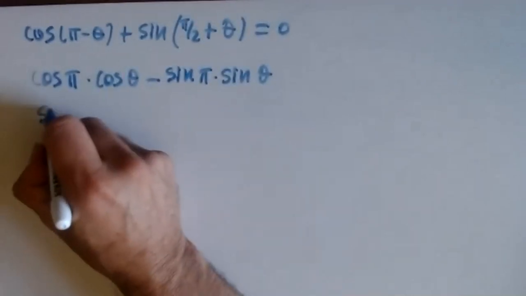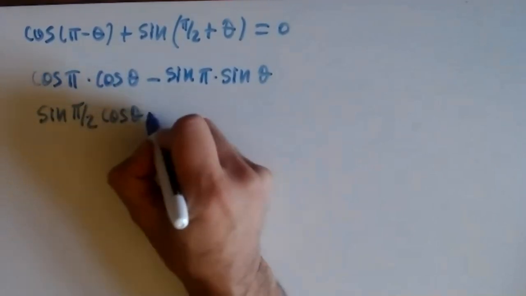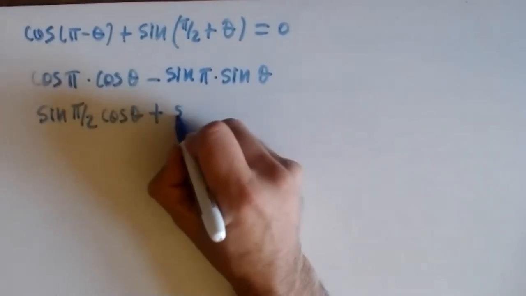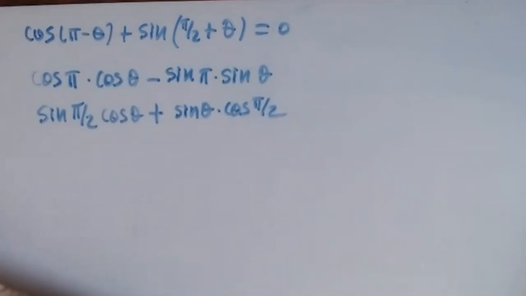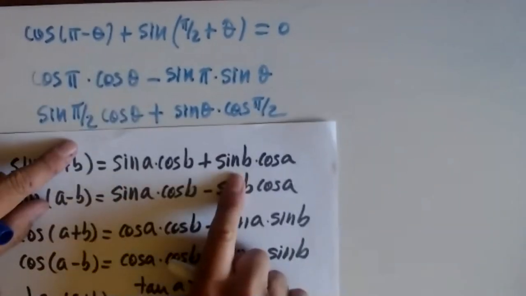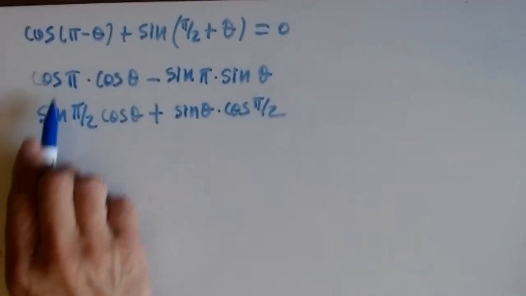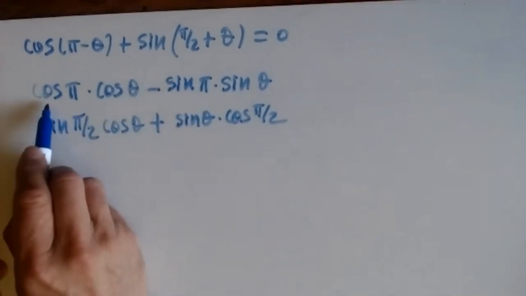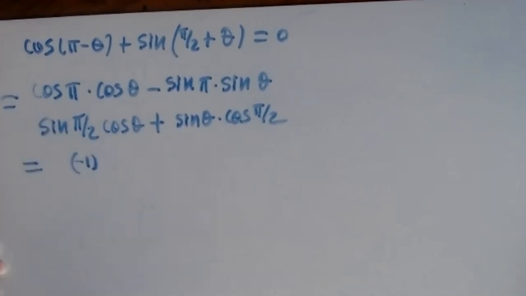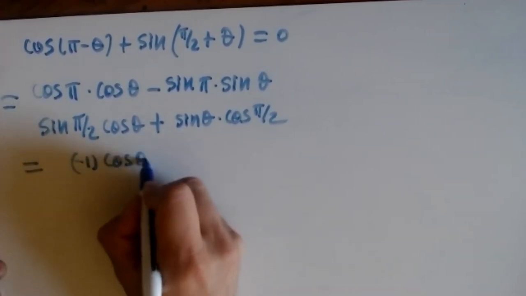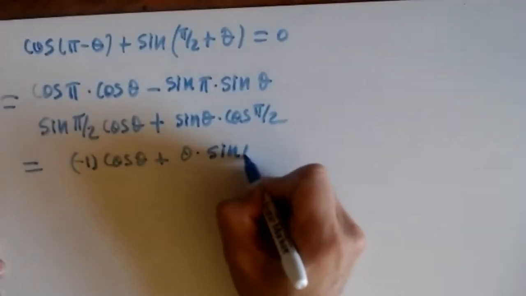And then I'm going to expand this one and put it right here, using this identity: sine pi over 2 cosine theta plus sine theta cosine pi over 2. It's what I have here in my identities. Now I have to put numbers to cosine pi, sine pi over 2. Cosine pi is -1, remember that. So this is equal to -1 times cosine theta, sine of pi is 0, 0 times sine theta.